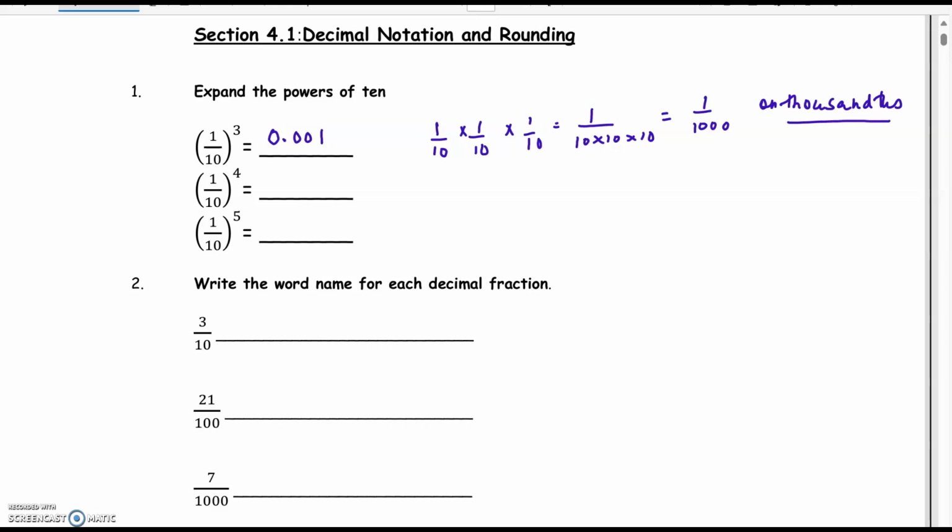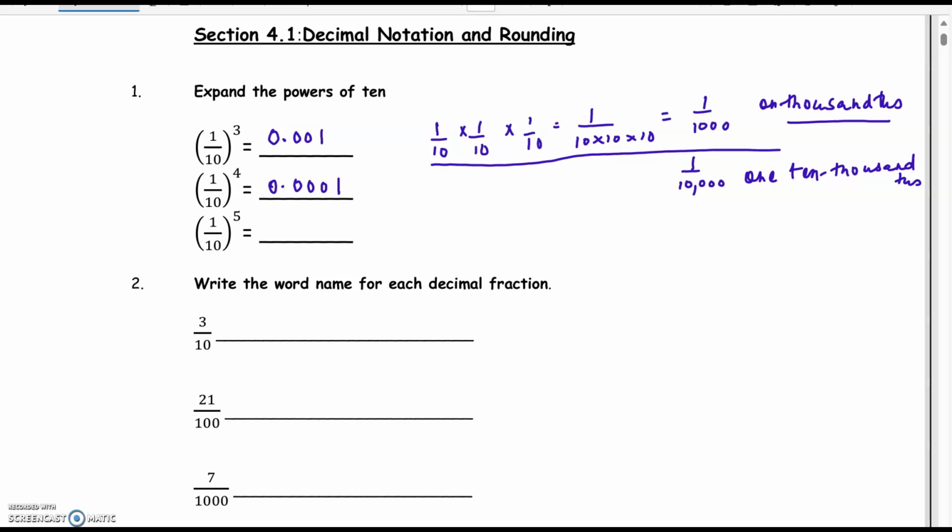Now 1 over 10 to the 4th power, we do it exactly the same way, is equal to 1 over 10,000. So that is the same as 1/10,000ths. So that would be 0.0001.